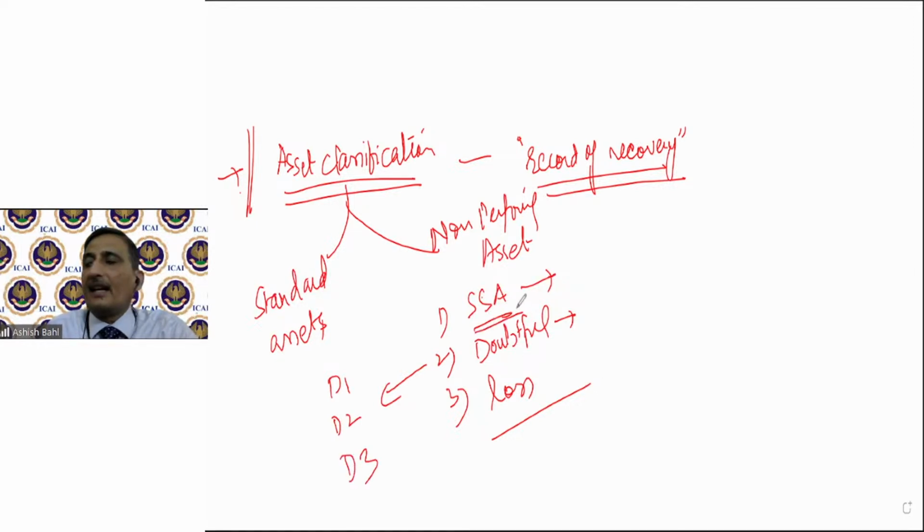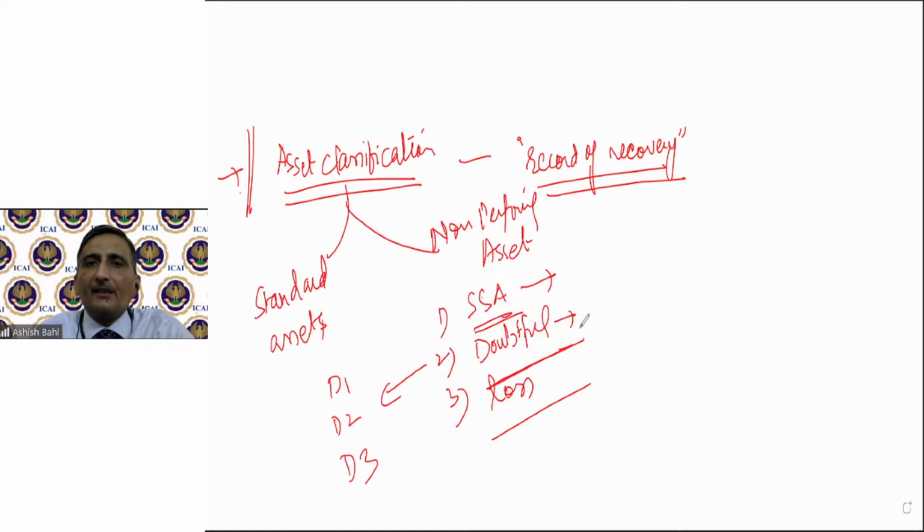So what is a substandard asset? A substandard asset is an asset which is showing some signs of credit weakness, and there is a possibility that if these weaknesses are not corrected, the bank will suffer some loss. And a doubtful asset is one where the condition of the advance lent has deteriorated, and there is a definite possibility that the bank is going to suffer loss.